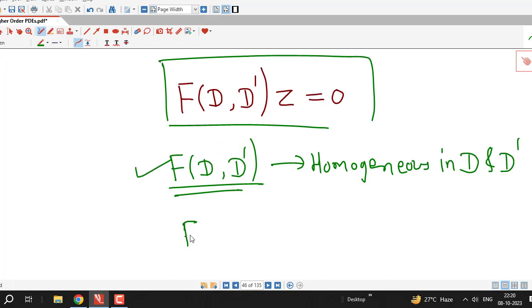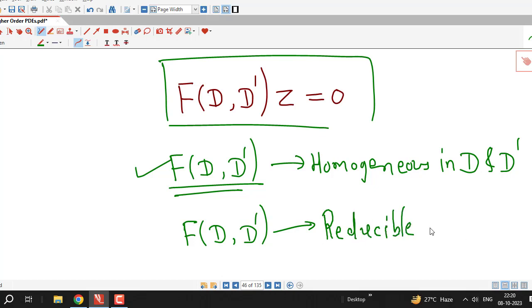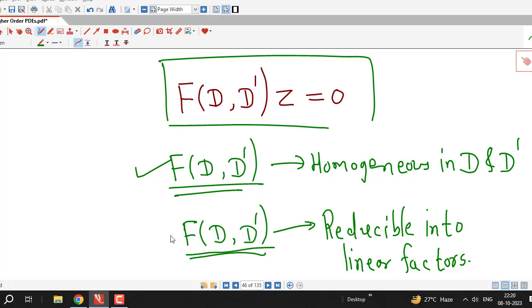And if F(D, D') is non-homogeneous, then we have seen the method if F(D, D') is reducible into linear factors. If we can write F(D, D') as a product of linear factors, then we say that F(D, D') is reducible into linear factors. And if it is reducible into linear factors, then we have seen the method for writing the general solution of this type of homogeneous linear PDE with constant coefficients.